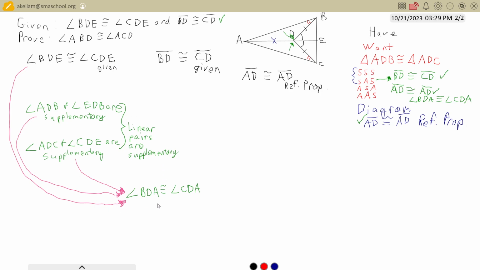Those three things tell me that these two angles, angle BDA and angle CDA, are congruent.